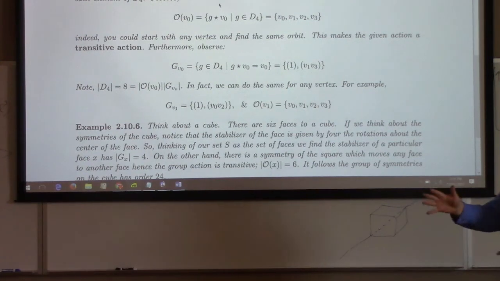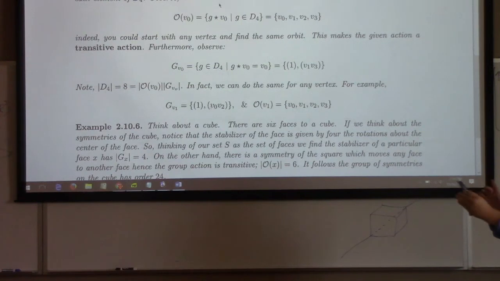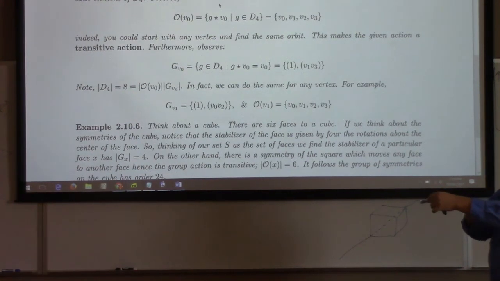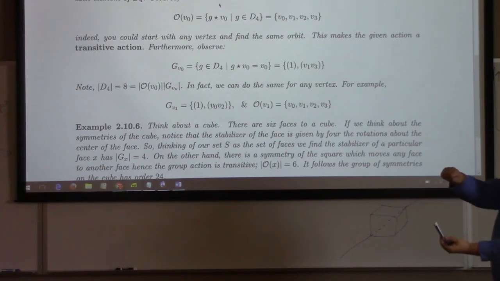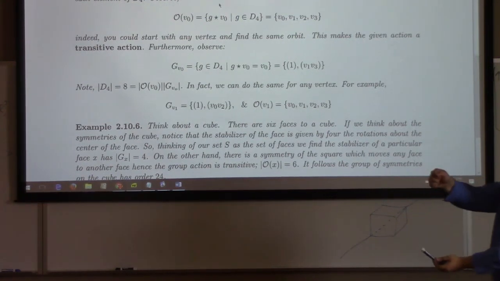But we don't distinguish those. We're looking at the face of the cube. Any rotation will fix the face, but anything else is moving the face. If I look at rotations around the vertical axes, I'm going to shift the front face to a side face or a back face. That's not stabilizing. And if I rotate this way, then I'm shifting the face from the front to the top or to the back or to the bottom.